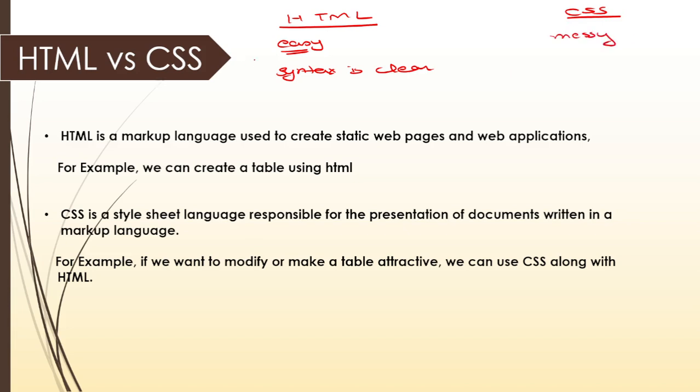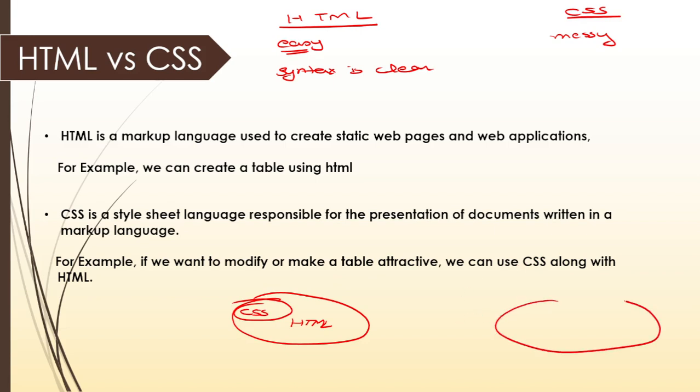Next important point: HTML files can include CSS code. What does this statement mean? Suppose this is my HTML code, and under my HTML code I can use CSS attributes. But it is not the same with CSS, because CSS can never contain HTML code.